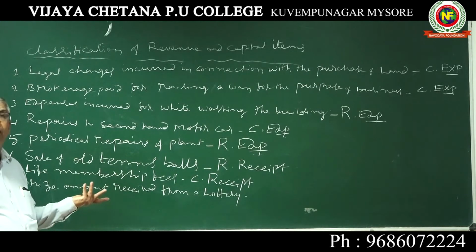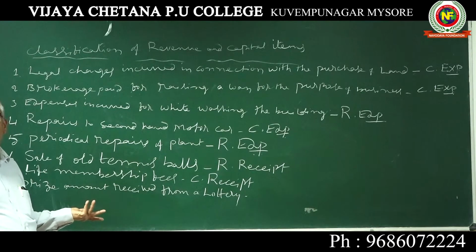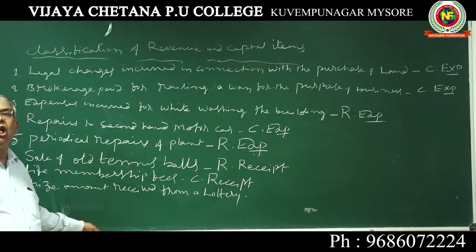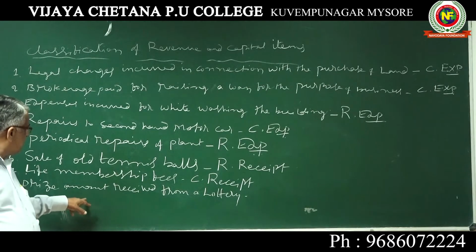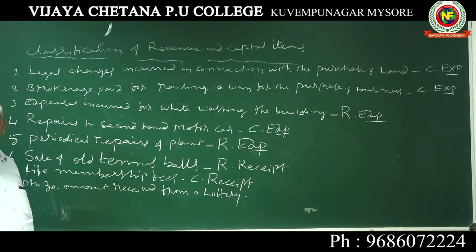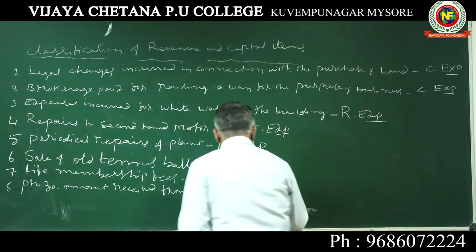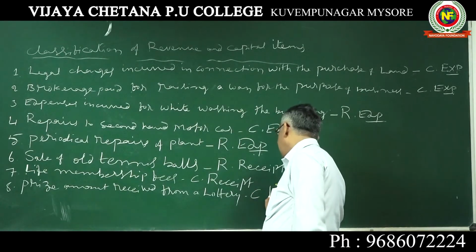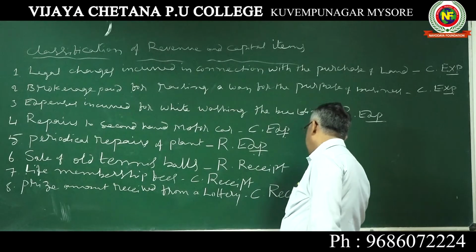Once in his lifetime he may get the lottery amount; we cannot expect it every week, every month or every year. It is received rarely. Therefore it is considered a capital receipt.